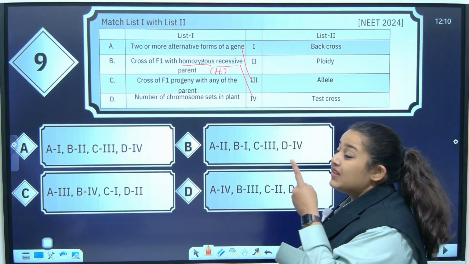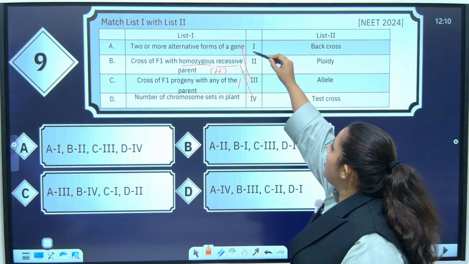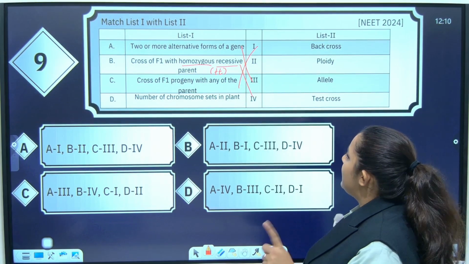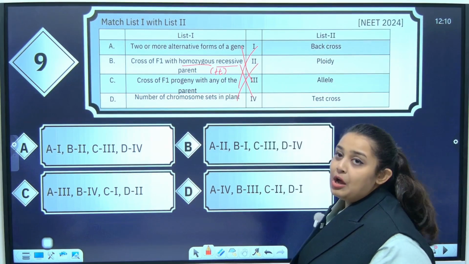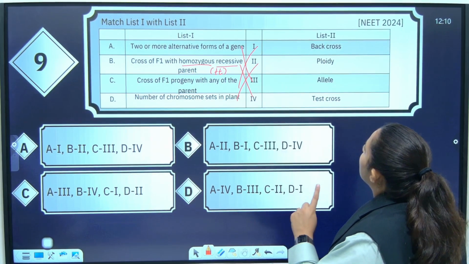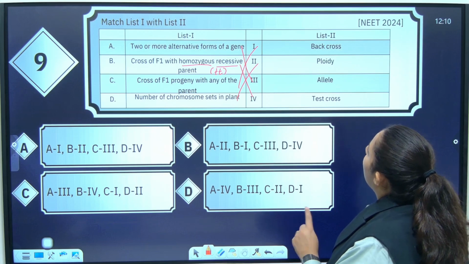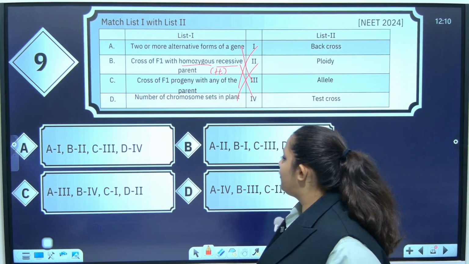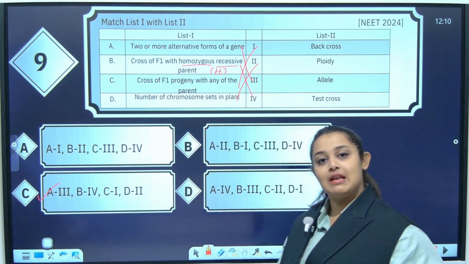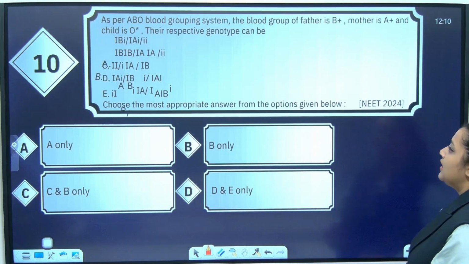Cross of F1 with any parent is known as a back cross, and number of chromosome is known as a ploidy. So what is our answer? 3, 4, 1, 2. C is the correct answer.